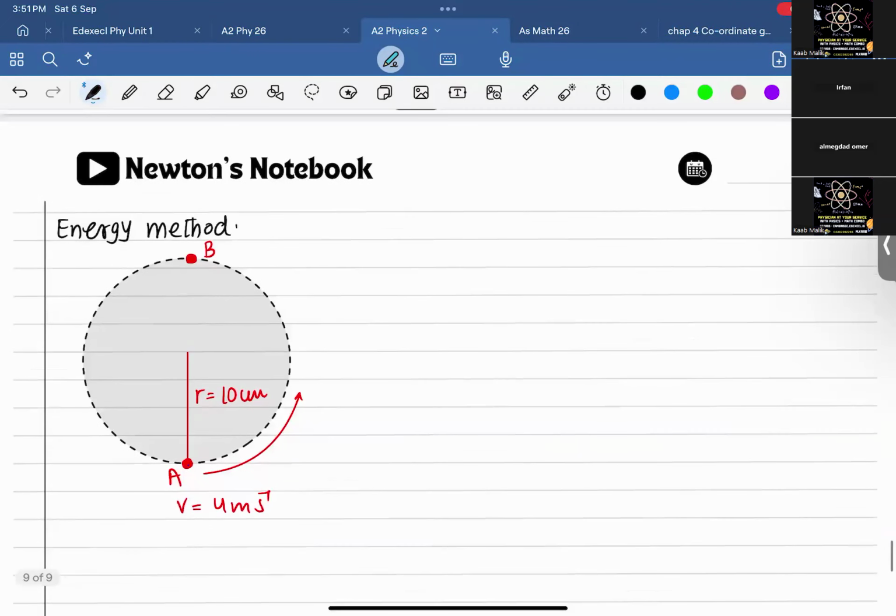So I'm asking you to justify that the rock completes the circular motion.